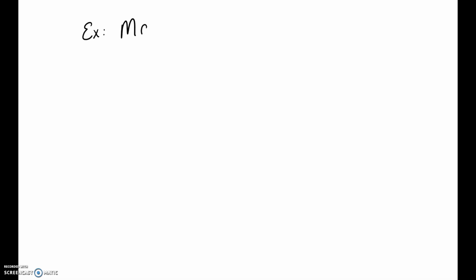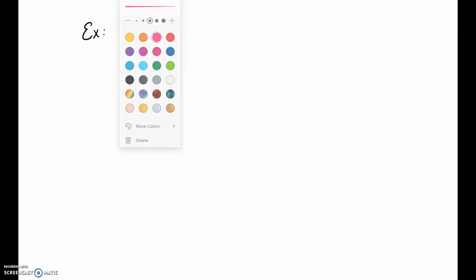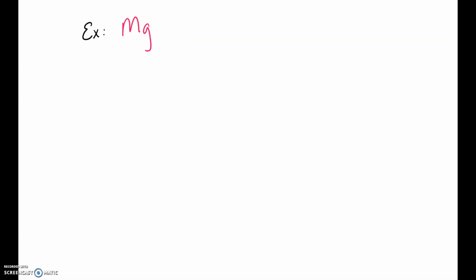So let's say we have, I'm going to do this in different colors again. Okay, so let's say we have this compound. The first thing that you need to do is name the cation.